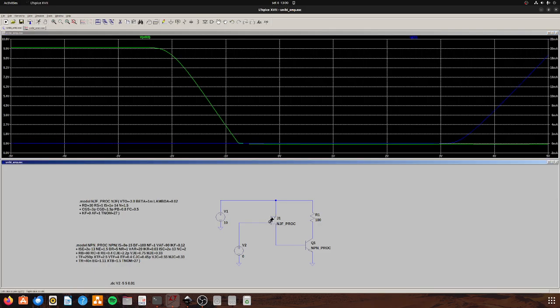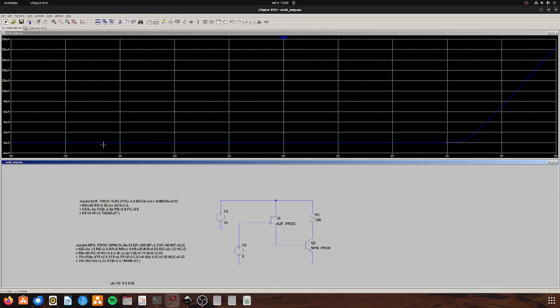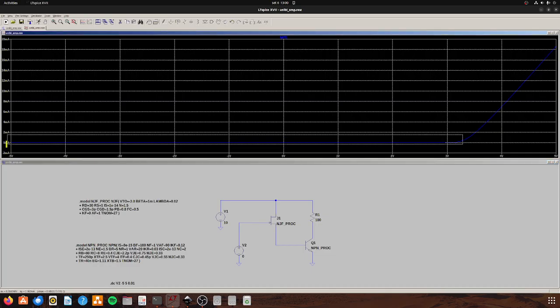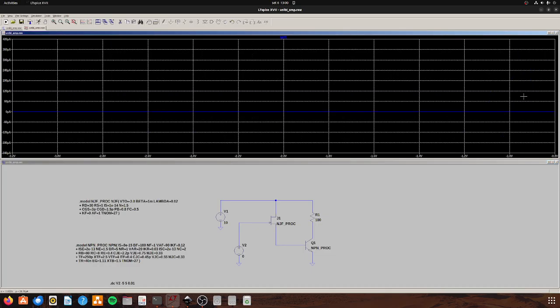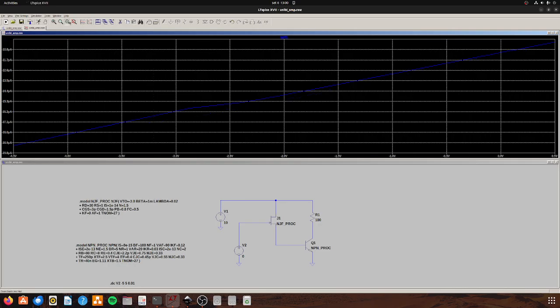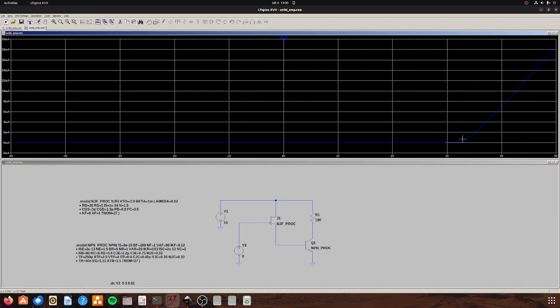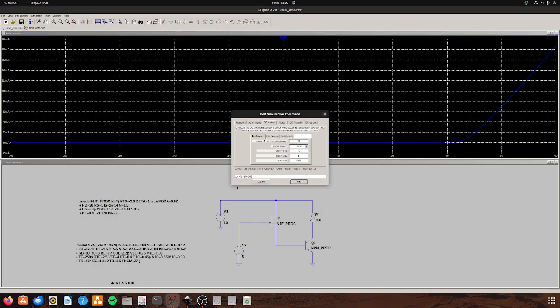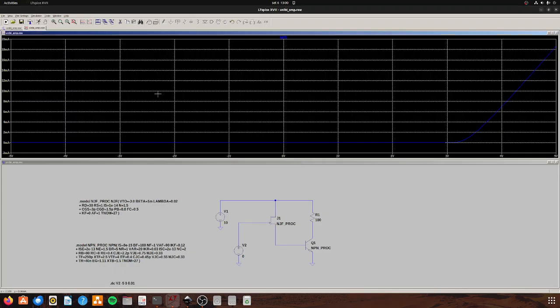So I will see that the input impedance is almost non-existent. You should not care about that area over there, because that is when the diode is conducting, which almost never happens. Actually, in order to not see this, I will set this to 0, so we don't see those undesirable effects.